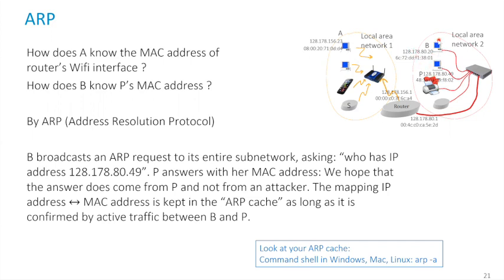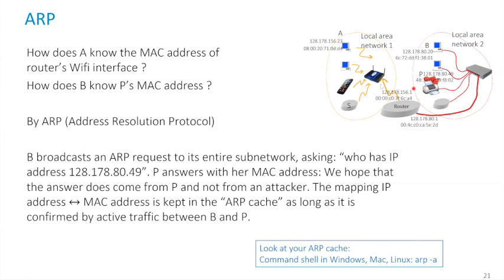So as long as B obtains evidence that the MAC address of P is this one, the cache is renewed. And if that happens frequently, then the ARP will never be used again. We will use it only once at the beginning. If for some reason B and P remain silent for a long period of time, the cache will be flushed. The entry will be considered to be too old, and B will need to do an ARP again.